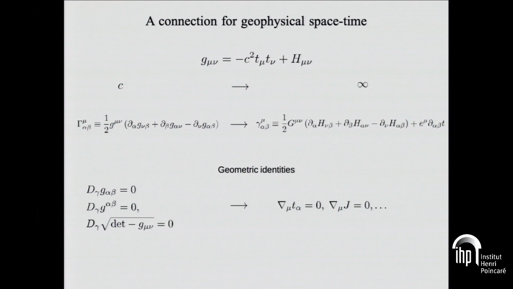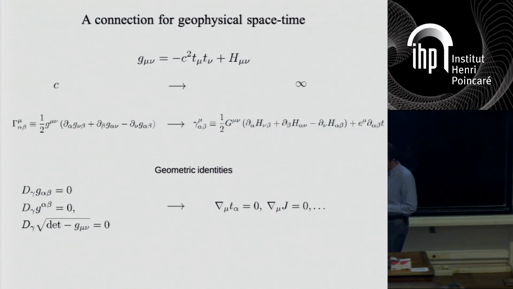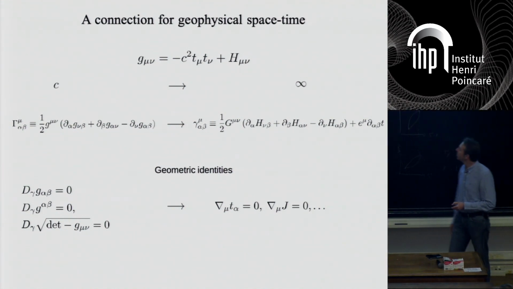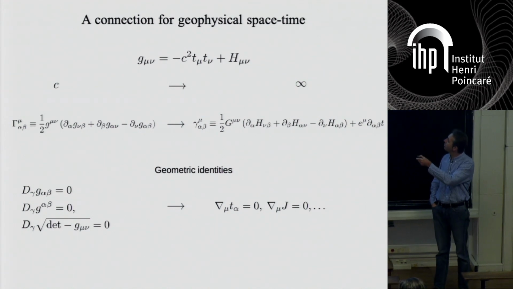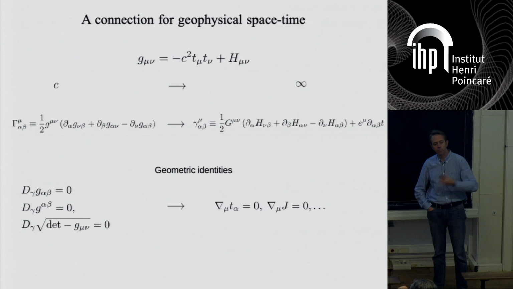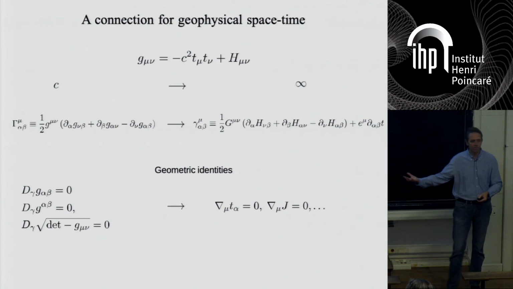Okay, and these are auxiliary fields that you can deduce from time and the metric-Coriolis-geopotential tensor. As a side note, which will be useful later, you have some geometric identities associated to that. So when you define a covariant derivative from a connection which is metric, then you can prove, it's classical, that the metric has a vanishing covariant derivative.